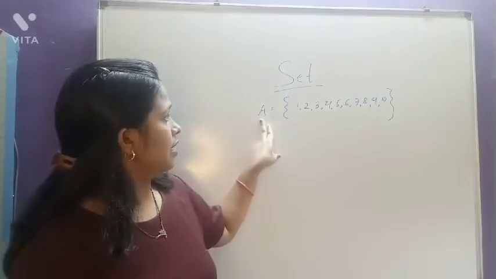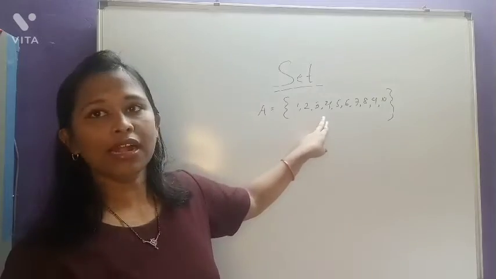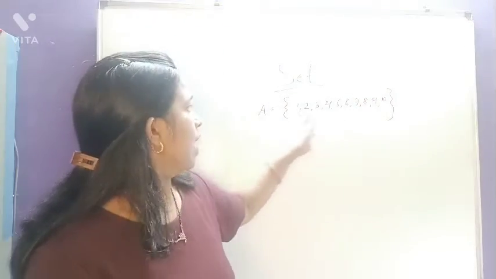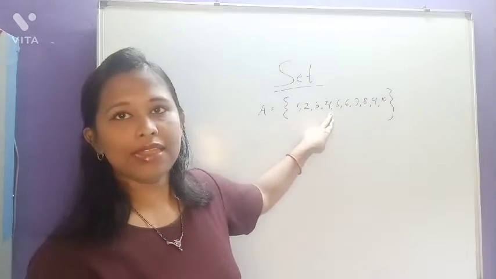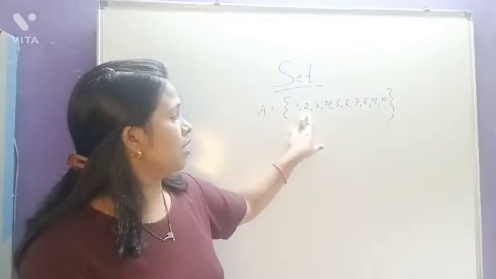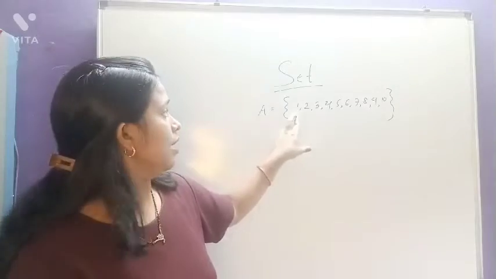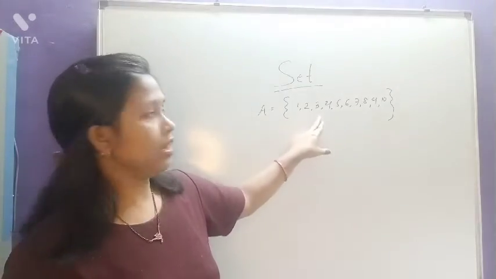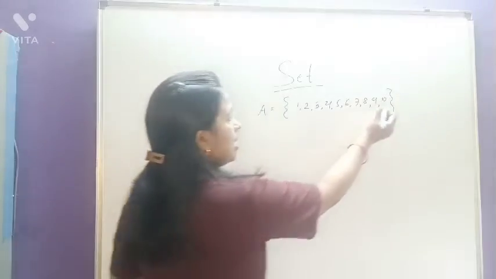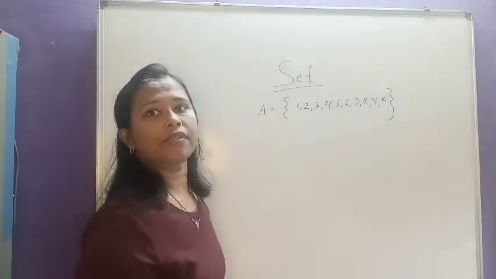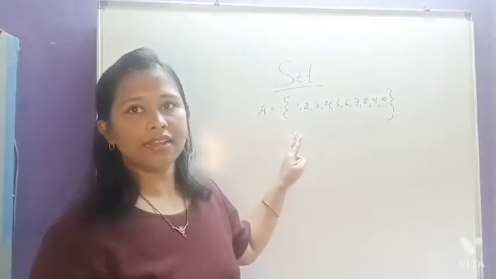Here I am writing A. So set A has elements 1 to 10, and we take commas in between the elements. To separate the objects we have to take commas in between the objects, and also we have to give a curly bracket to denote this set.